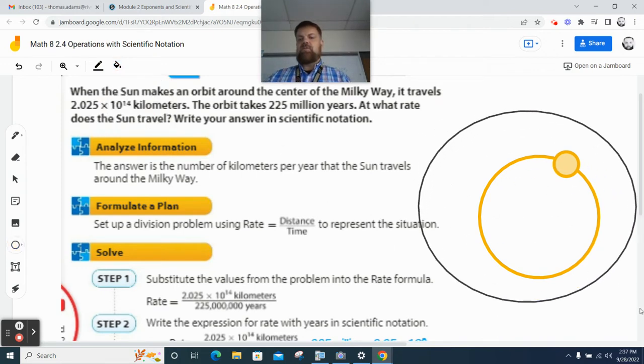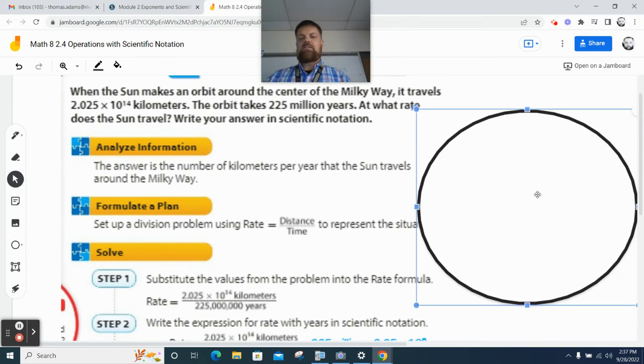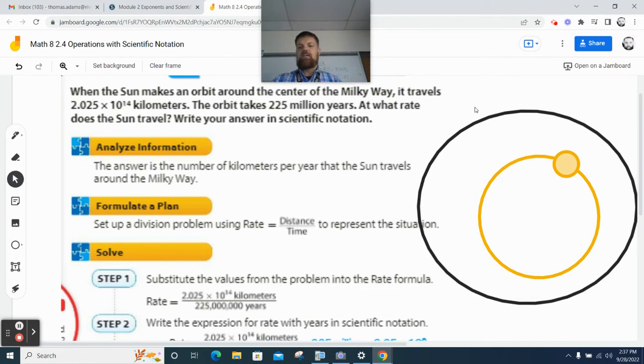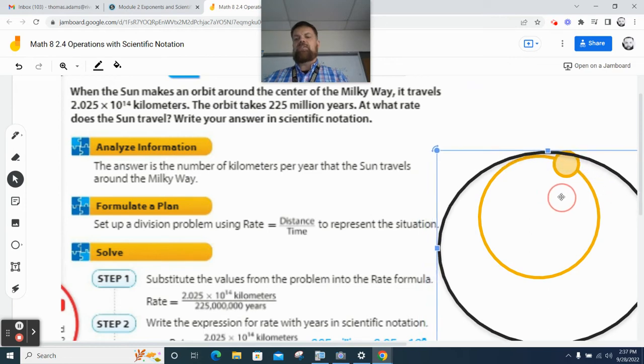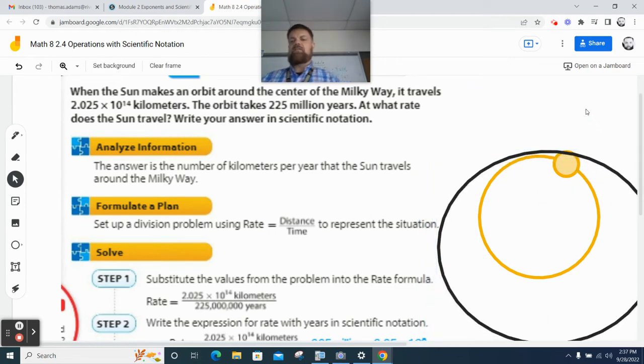So just imagine a big, huge Milky Way, and it makes an orbit somewhere around this thing. So the sun is moving around within the Milky Way. That's not the best picture, but I just want you to get the visual.